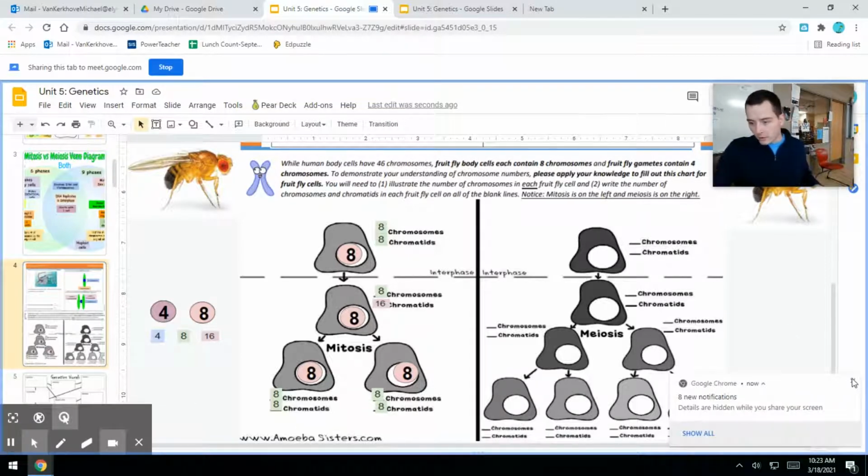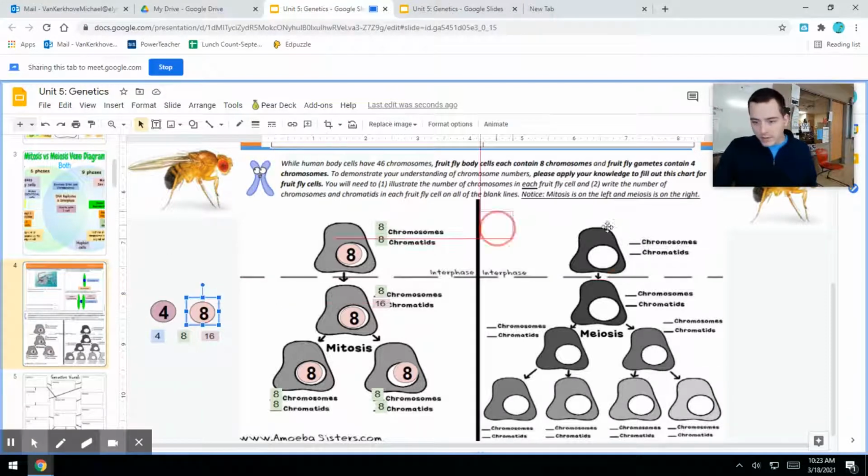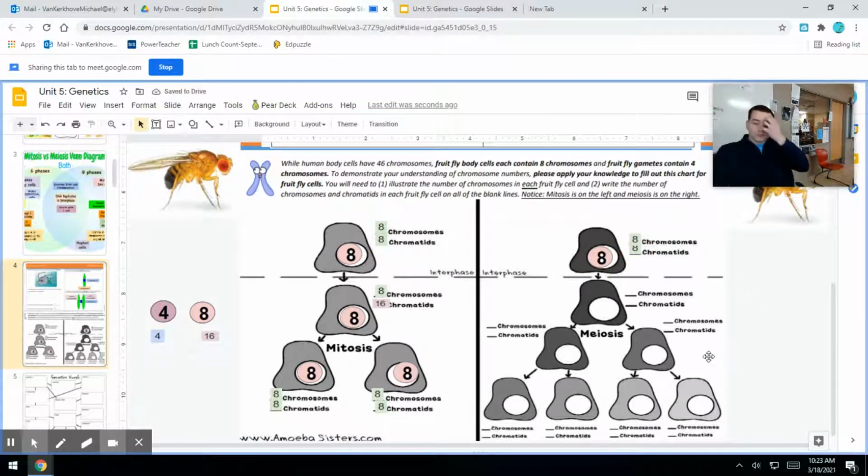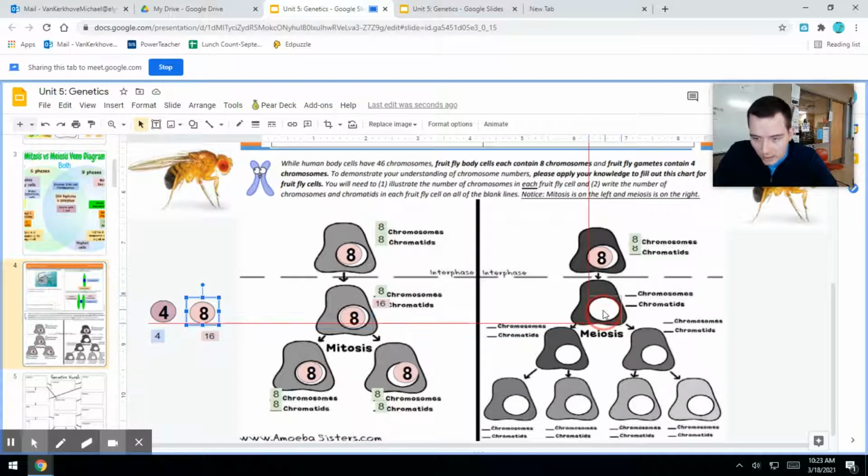Meiosis is a little bit more tricky. I start with a cell. It's got 8 chromosomes. Eight chromatids. After interphase, 8 chromosomes. You might have to copy and paste some more 8s.